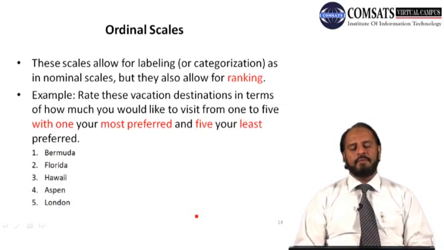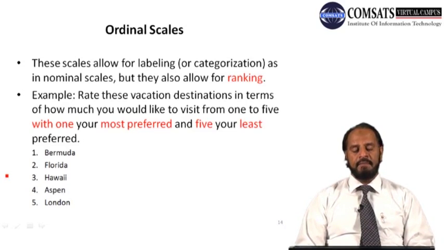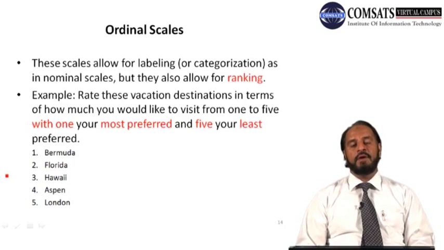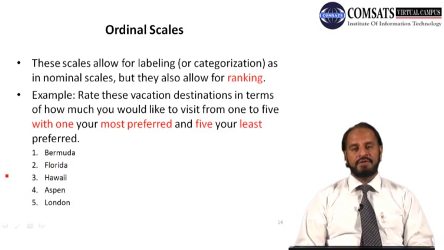What we mean by that is, let's say we want you to rate vacation destinations in terms of how you would like to visit from 1 to 5, with 1 the most preferred and 5 the least preferred. If they have listed, let's say, 5 of them, Bermuda, Florida, Hawaii, Aspen, London, these are the 5 locations where they will be offering a vacation package.